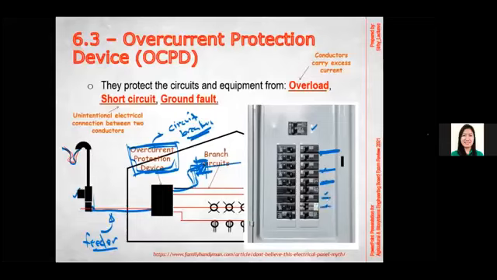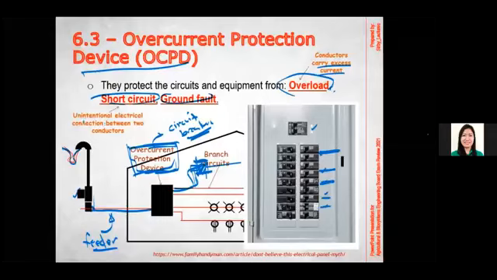Okay, so these are protection devices, and in description, they protect the circuits and equipment from, number one, overload, number 2, short circuit, and number 3, ground fault. And when we say overload, that's a condition wherein the conductors or the wires carry excess current.